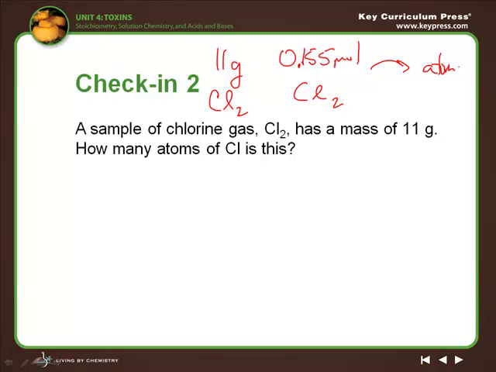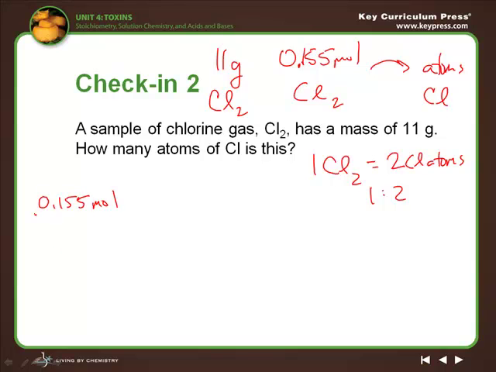So we've got to find atoms of just Cl. If we look at the formula for Cl2, how many Cl's are in Cl2? 2 Cl atoms. So if we've got 1 of these, it's proportional to 2 of these. It's a 1-to-2 ratio.